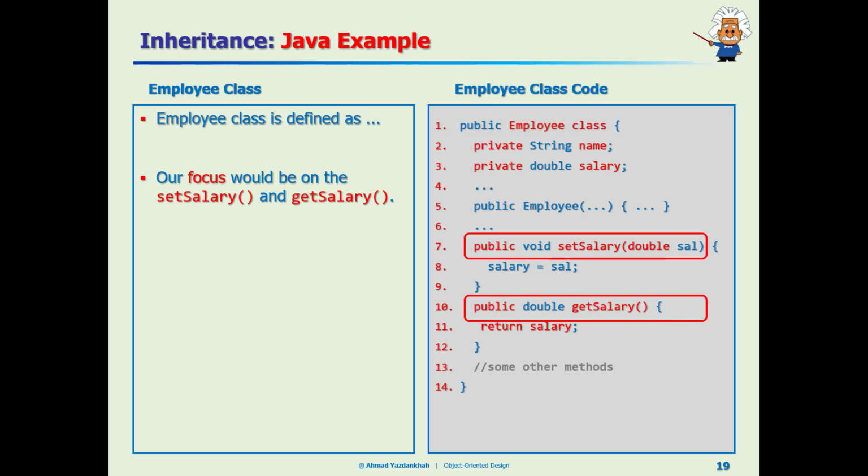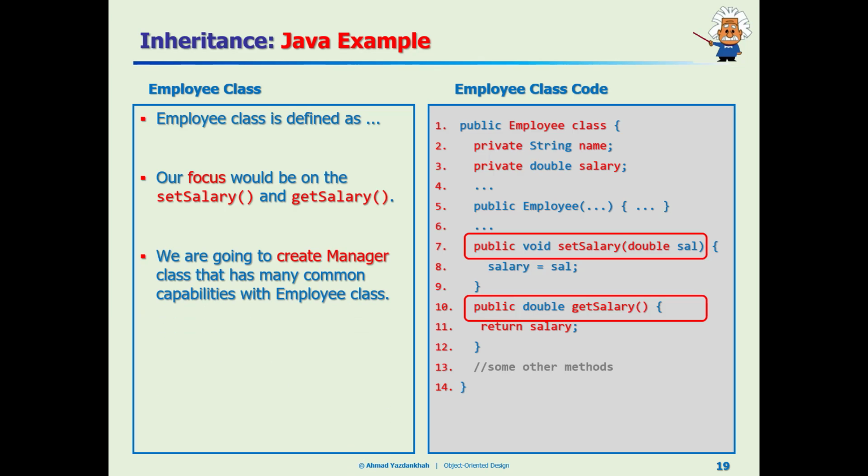And we create a Manager class that is going to inherit from the Employee class. So we don't need the name and salary for the Manager class. The only difference is that because managers get a bonus, we just add a bonus in the Manager class.